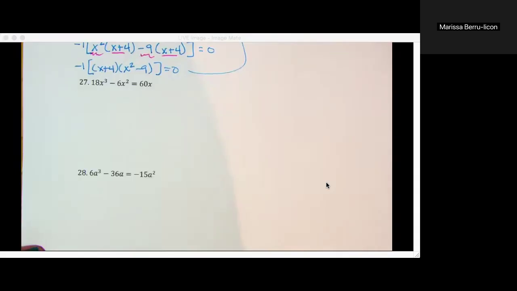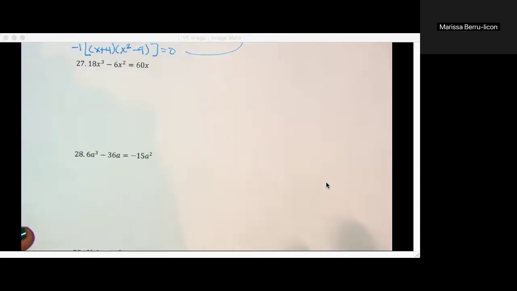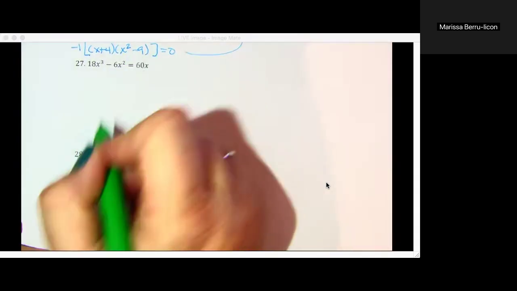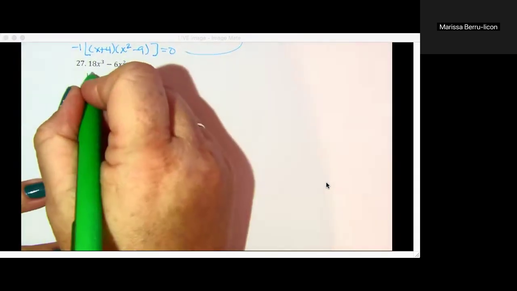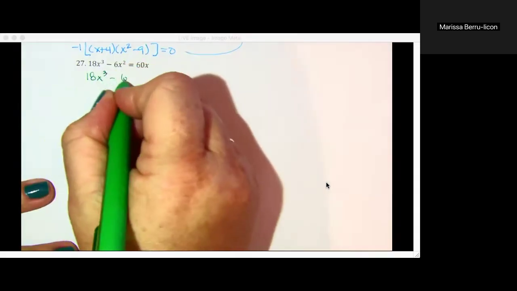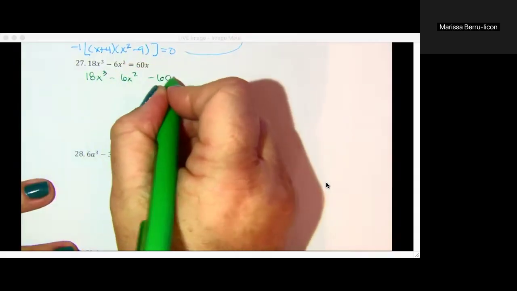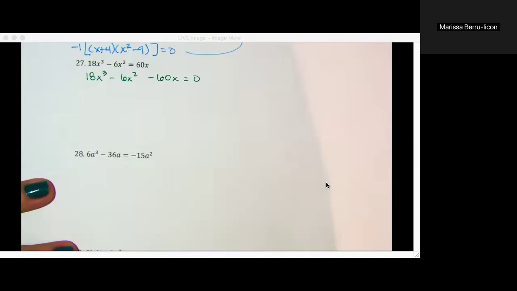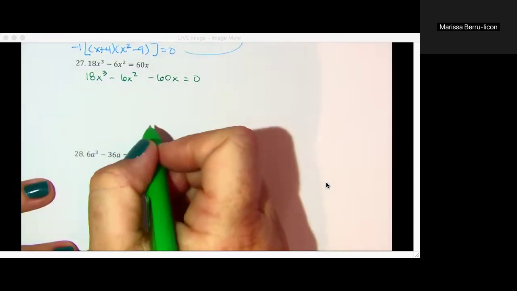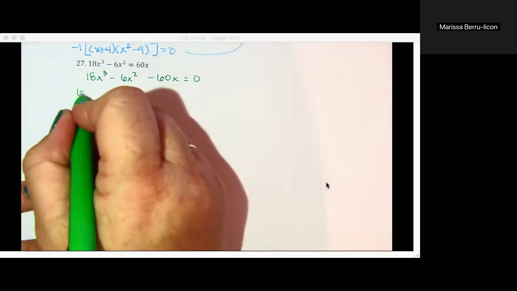All right, the next example, we also want to make sure that these are set equal to 0. So before I can jump into factoring or even looking at our GCF, I need to get this set equal to 0. So I'm subtracting 60x onto the other side. And now I notice that these have a common factor of 6x.